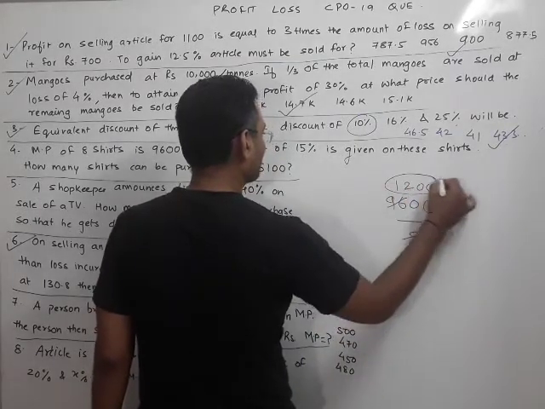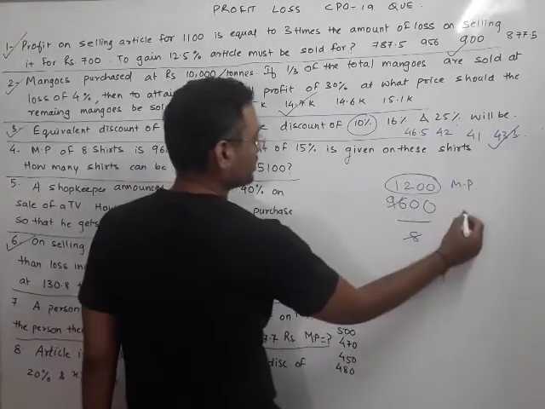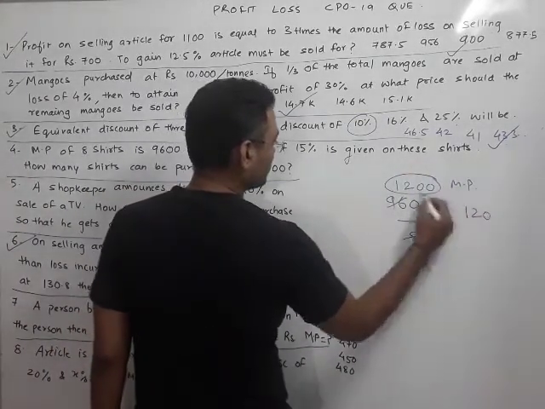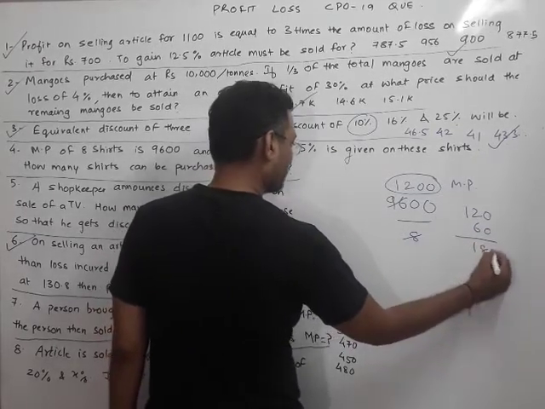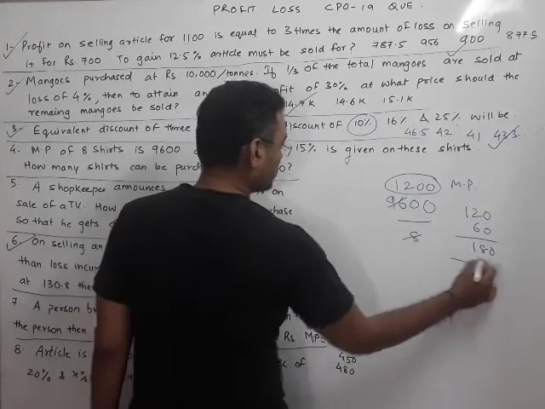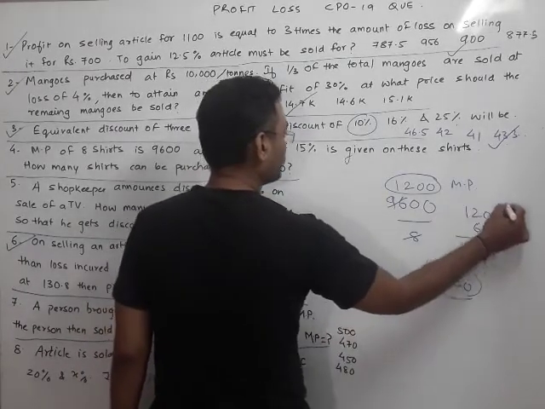It is the mark price for one shirt. 15% discount on this means 10% is 120, 5% will be 60, means 180, minus from this, it is 1020. This is all you have to do.